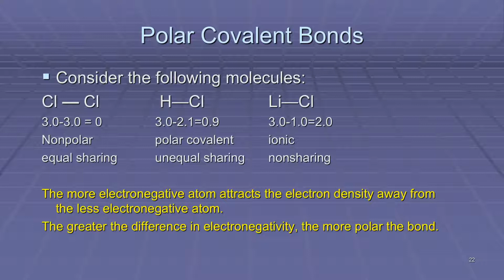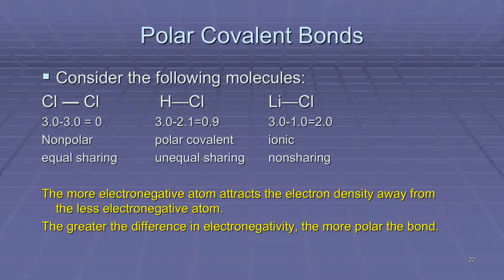An HCl bond, if you look up the value, Cl is 3.0, hydrogen is 2.1, and so the difference is 0.9, so that's considered polar covalent, and it's got an unequal sharing. Now, how can you tell which one likes electrons more? Well, it's the one that has the higher number.